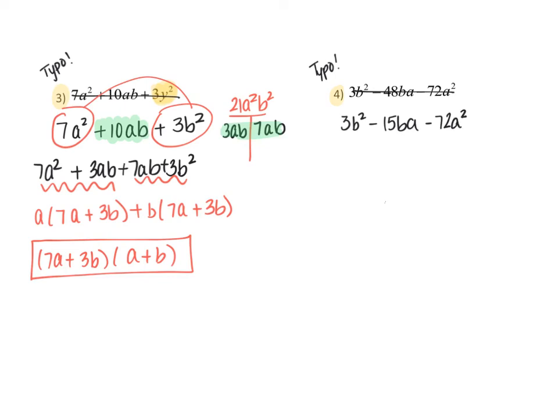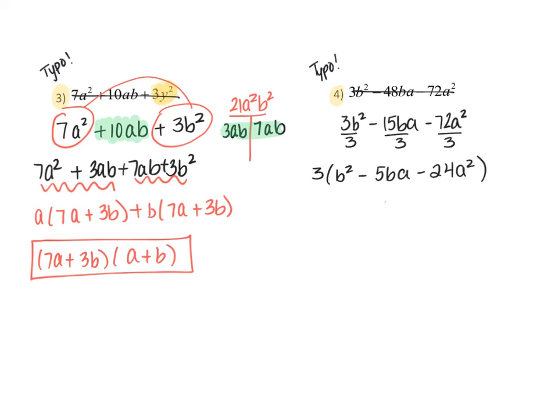And before you do it, I want to talk about a few things. First thing is I'm looking at these numbers and I'm thinking that they're pretty high. So we haven't done an example like this, but maybe we could take out a GCF. So let's do that first. I think we could take out a 3 out of all the terms. So if I divide each piece by 3, I get b squared minus 5ba minus 24a squared.